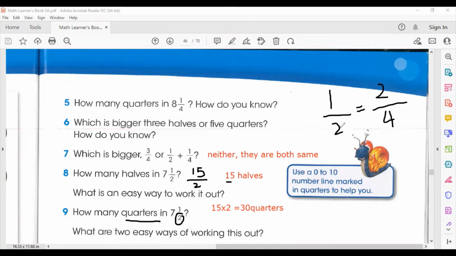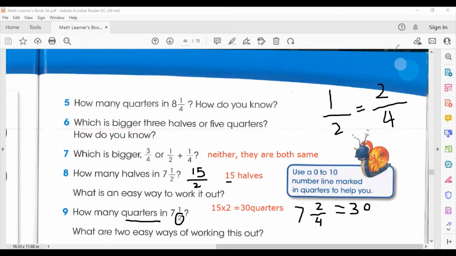I want to change into 4, so multiply by 2. So 2 multiplied by 2 is 4, and 1 multiplied by 2 is 2. So we write here 7 2 by 4. Like this we can also find how many quarters. 7 multiplied by 4, 28, plus 2 equals 30 quarters. Like this we can also find the answer.